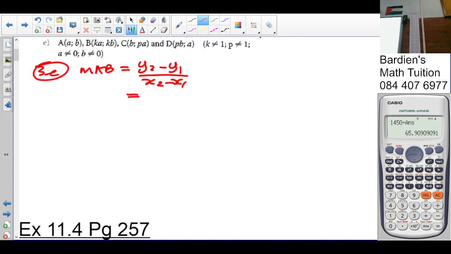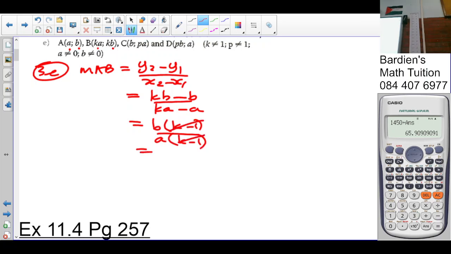Okay, so if you make that x1, y1, x2, y2, it's going to be kb minus b over ka minus a. What do you notice? What is common on top? The b. What are we left with? K minus 1. What's common at the bottom? A. So I'm left with K minus 1. So hang on. You cancel. It's B over A. Not so?